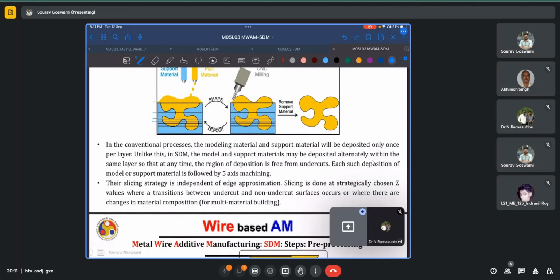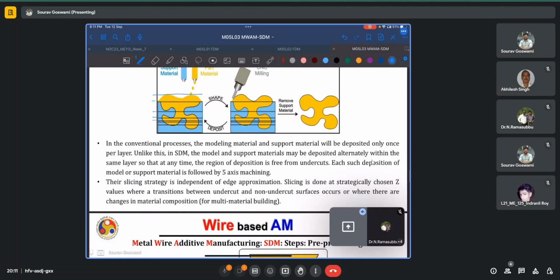And in this case, we don't even do layer by layer deposition. Even in the same segment, it's not like we will deposit this entire material in one layer. We can do it in several passes. Also, we will machine it to maintain the geometrical accuracy.